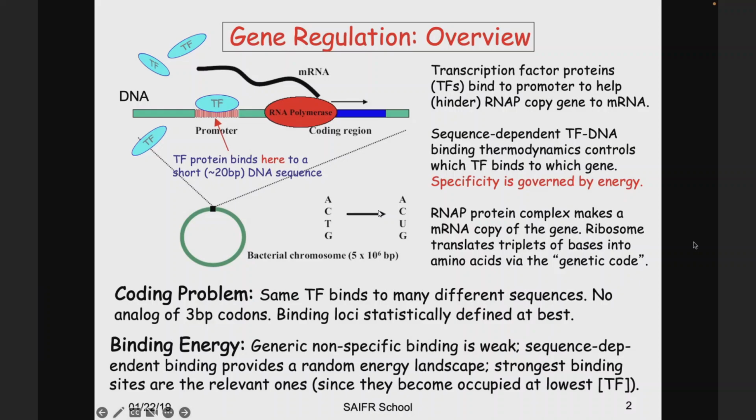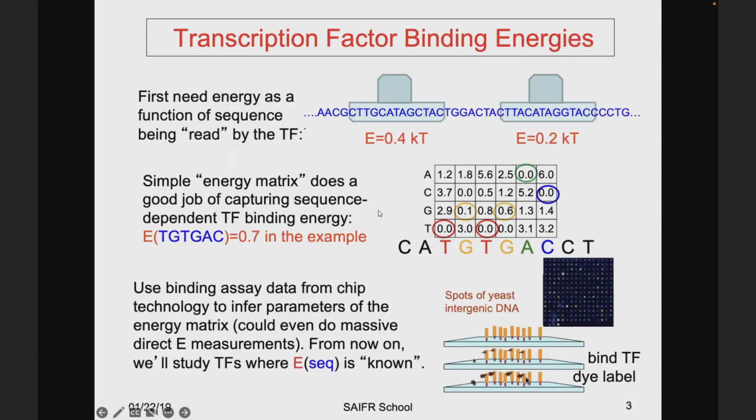Okay. In any case, to get anywhere on this, you have to understand something about how the binding energy of the transcription factor to a stretch of DNA depends on that DNA. How does it wander up and down as you change the sequence that you're reading, but by how much? Okay, so this is another large class of problems in physical biology, if you will.